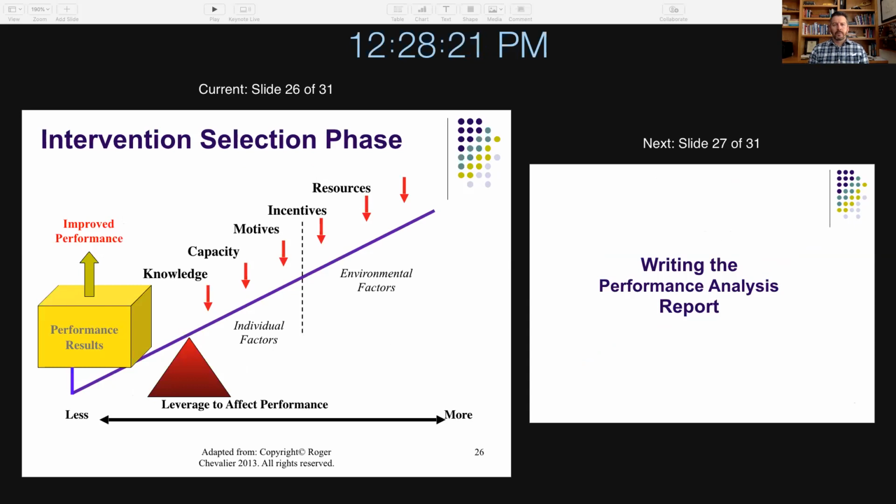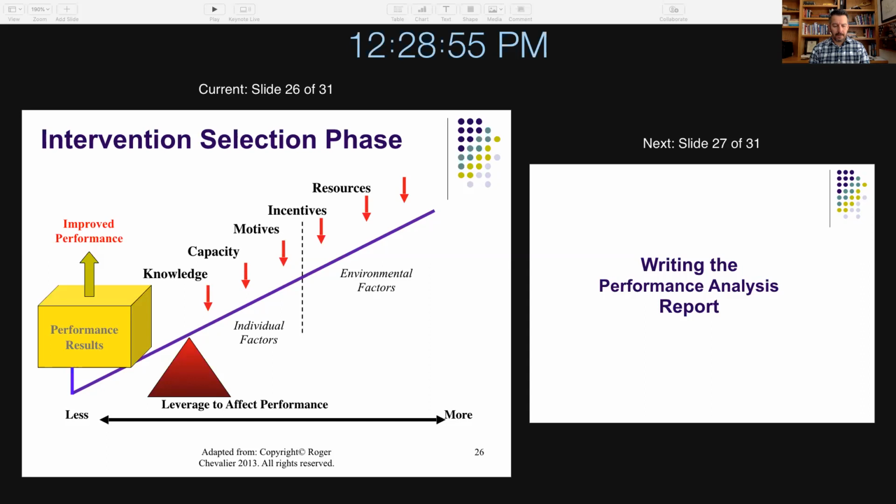Here's a graphical representation of where you want to focus your energy to get the most leverage on your interventions. If you go away from the triangle to the right into the environmental factors, you're going to get more leverage on those particular solutions than on the ones closest to the triangle, which in this case would be knowledge.